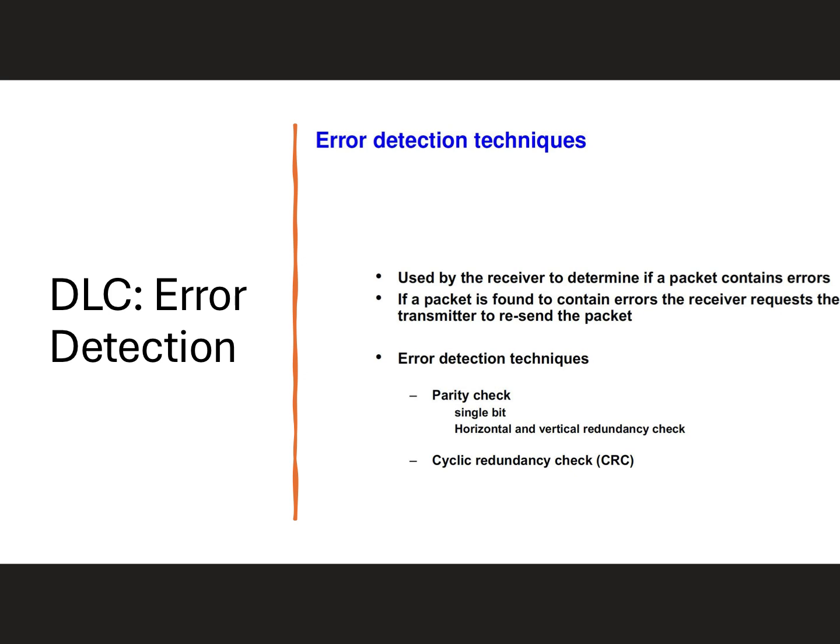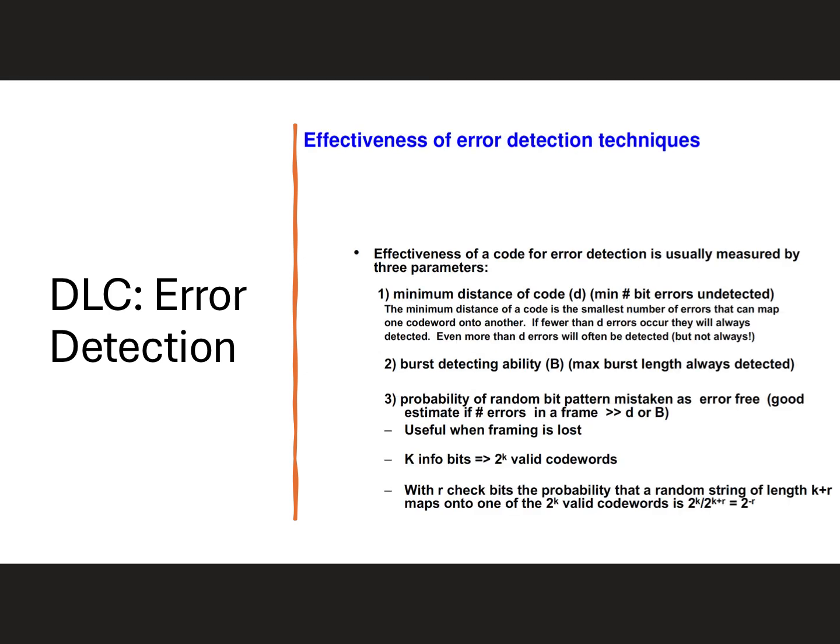We looked at error detection, and then we looked at two methods of error detection. The parity, which adds extra bits to the system based on calculations done from the actual information bits.